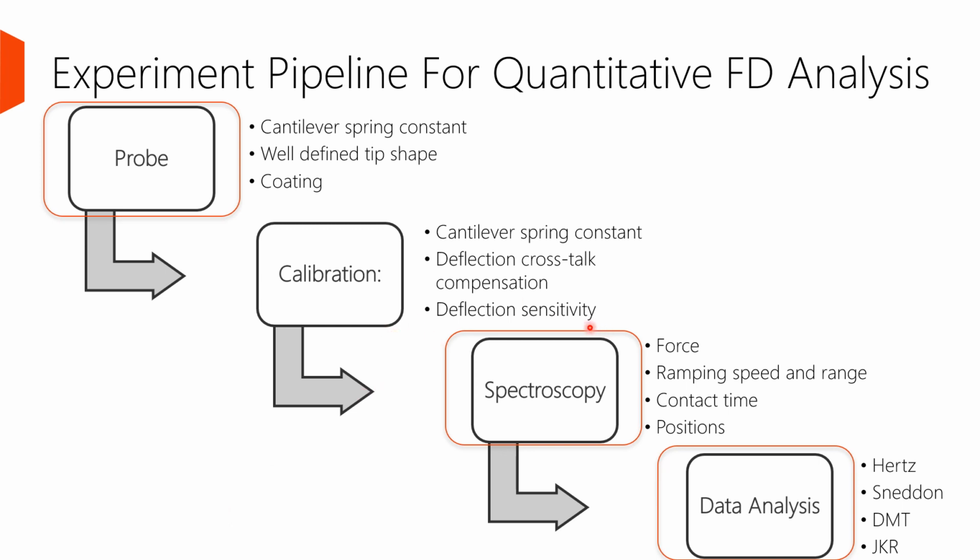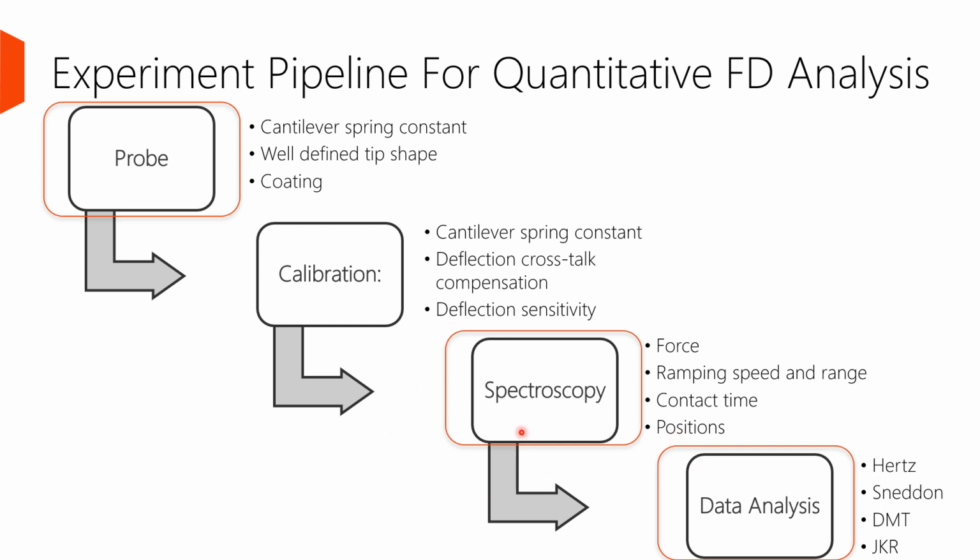Next, we can perform our spectroscopy on our sample. We need to decide how much force is exerted on the sample, what's the ramping speed and the ramping range, and should there be any pause time when they're in contact, and where exactly should we perform the force spectroscopy.